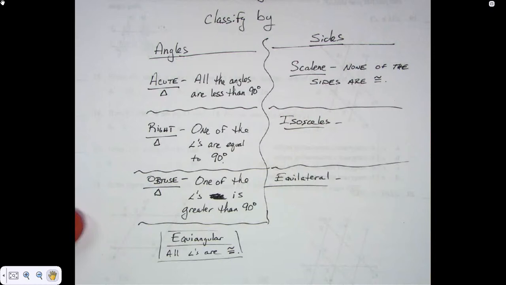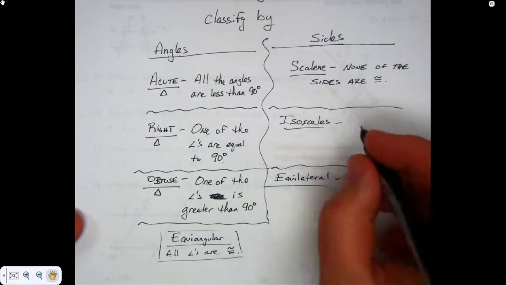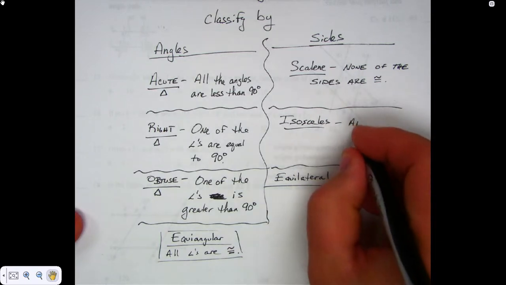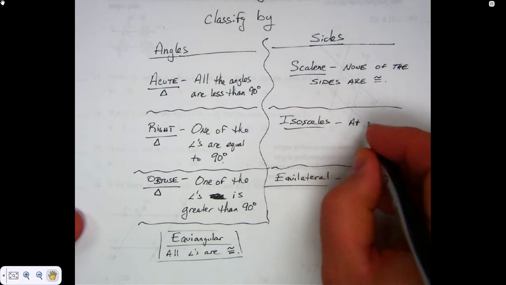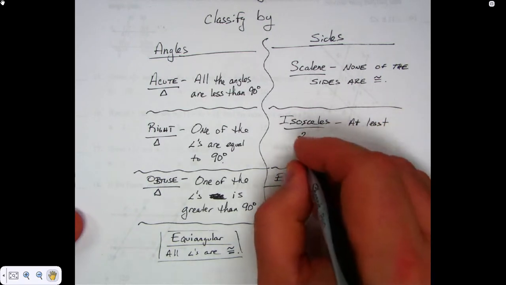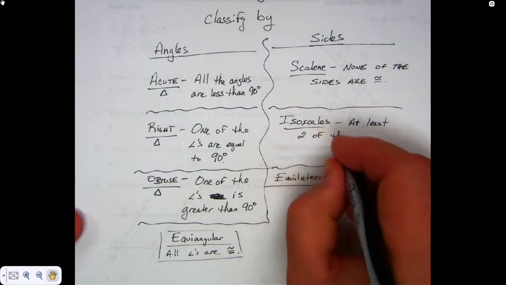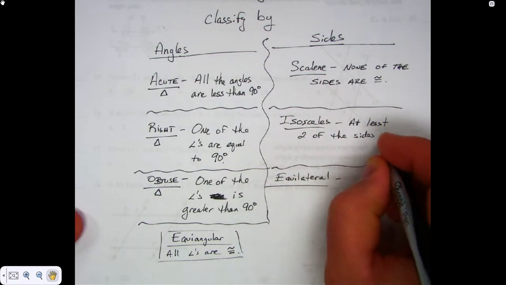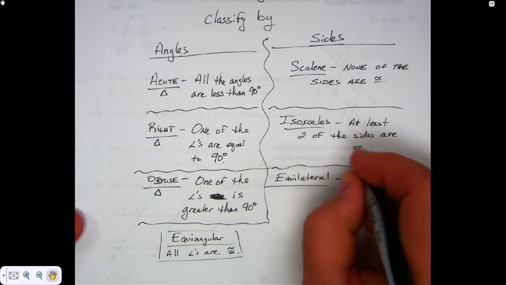None of the sides are congruent. Isosceles. Anybody know what that is? At least two of these sides are congruent.